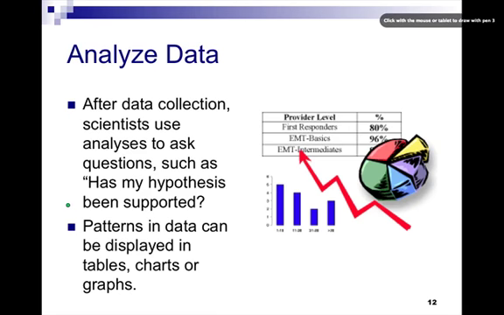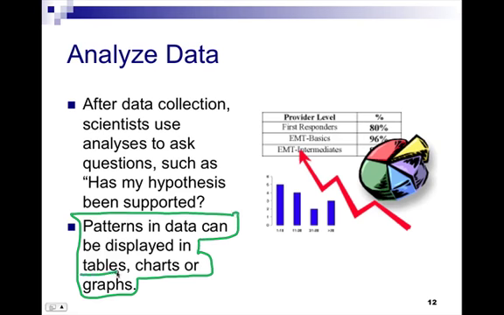And as we know, this is what you just completed that lab on. I asked you to draw a table, and from the data in the table, I asked you to make a graph, and you also made a pie chart, and you also made a bar graph. So you, in the lab, demonstrated different ways in order to analyze data.